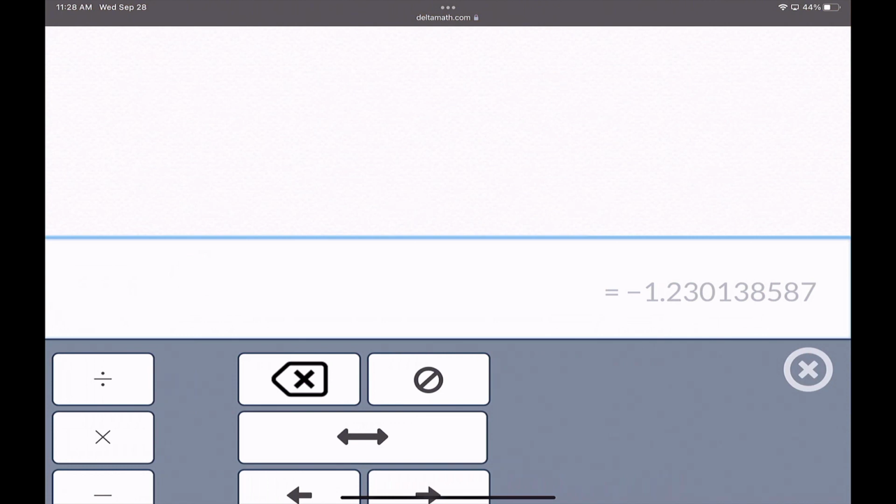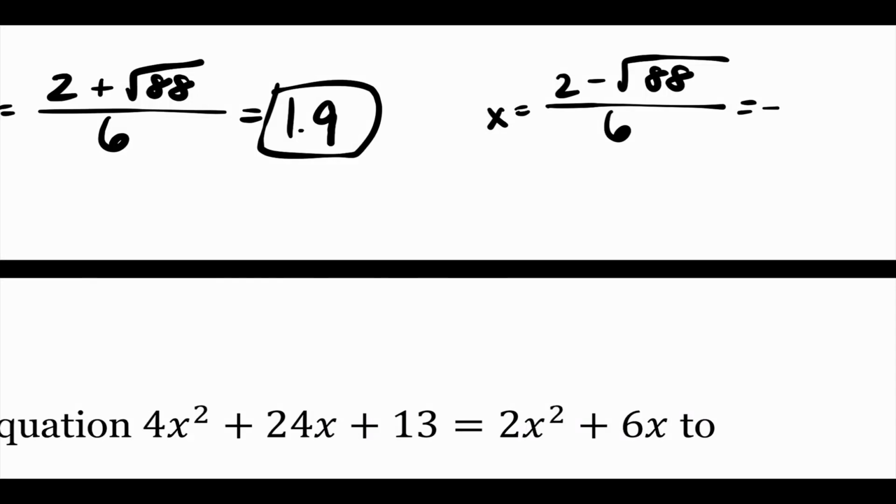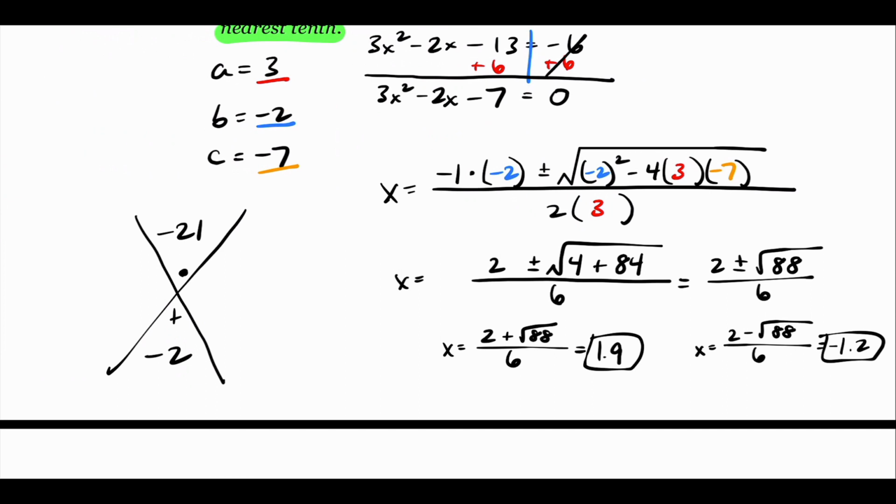Again, the 10th is that 2, negative 1.2. The 3 after it says don't go up, stay where you're at. So negative 1.2, that's what I'm going to write. And you're done. Two boxes: 1.9, negative 1.2.